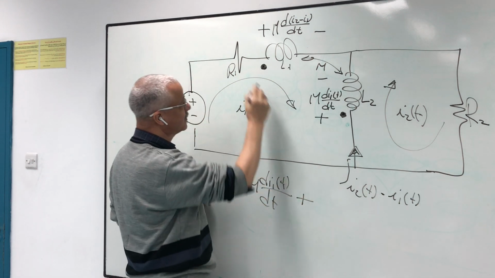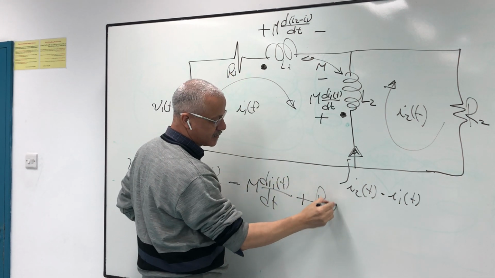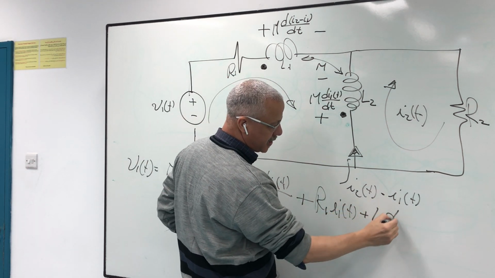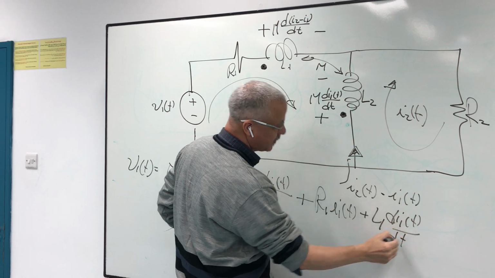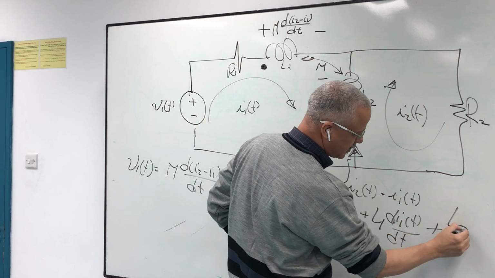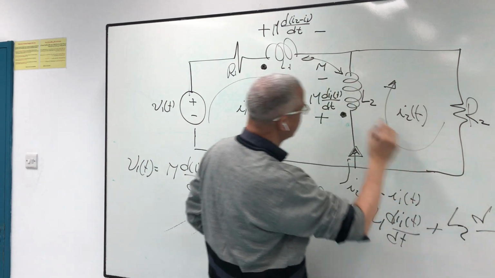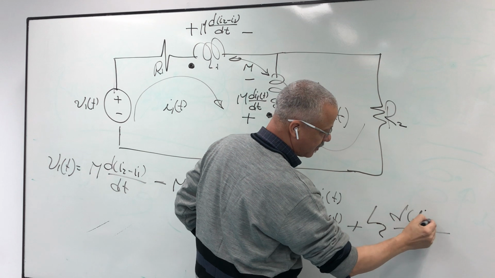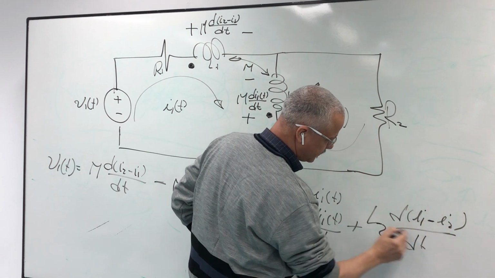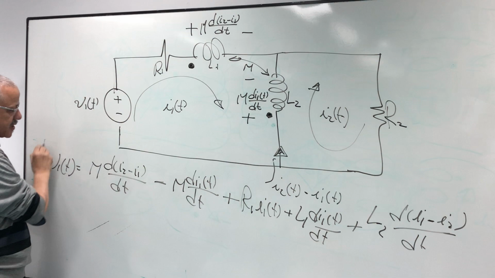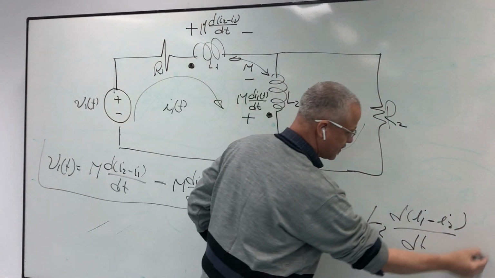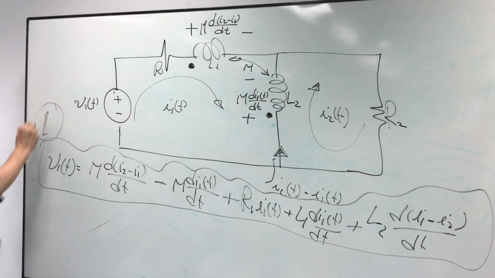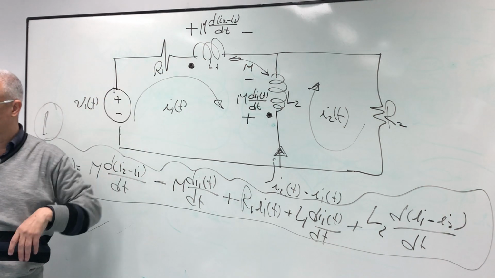What about the self terms? R1 I1, L1 di1 by dt, L2 d(I1 minus I2) by dt. This is the first equation. What about the second? Is there any kind of voltage source?